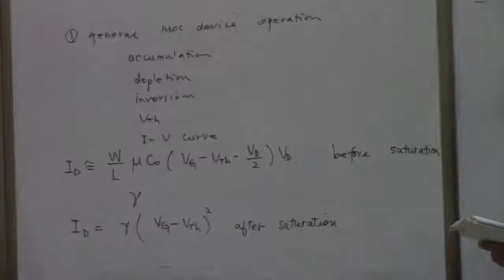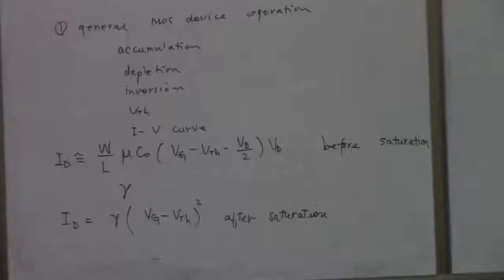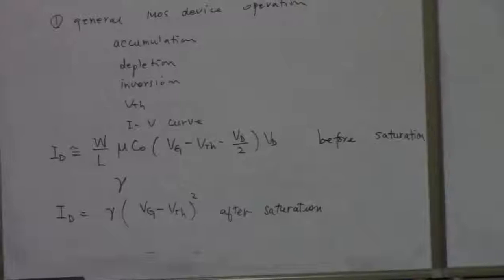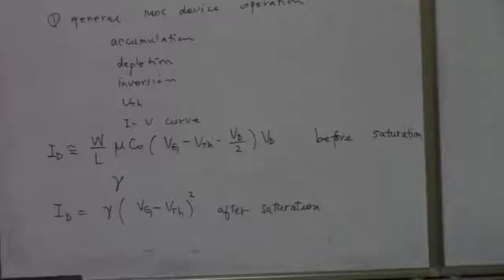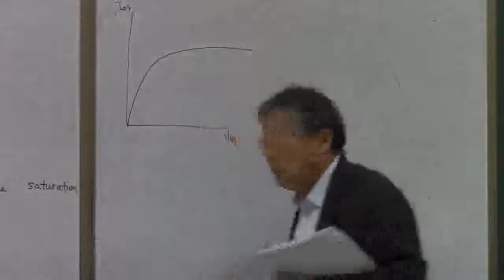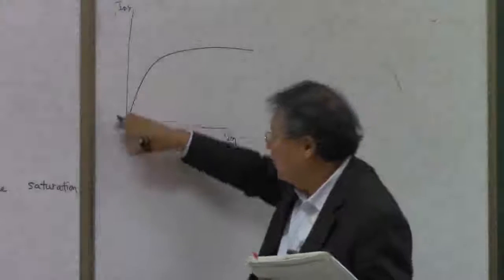So the plot is going to be IDS versus Vg, and typically it's going to show something like this, and this is saturation and before saturation.